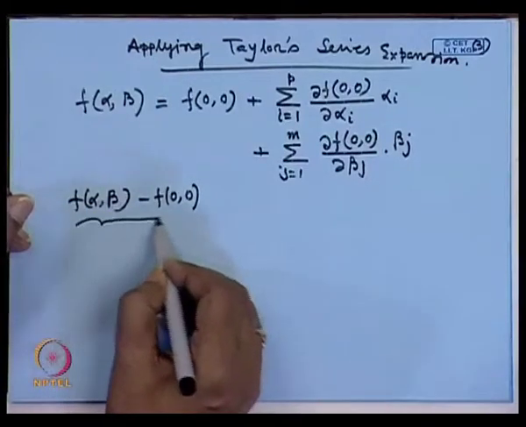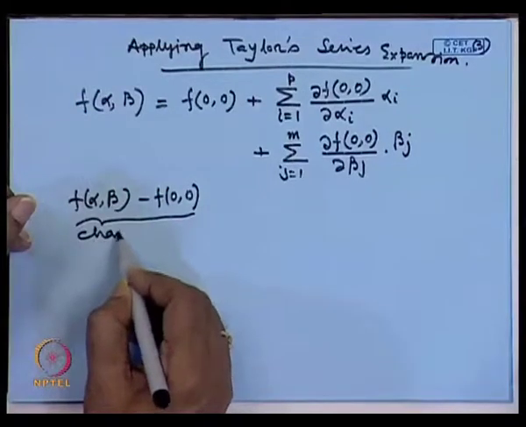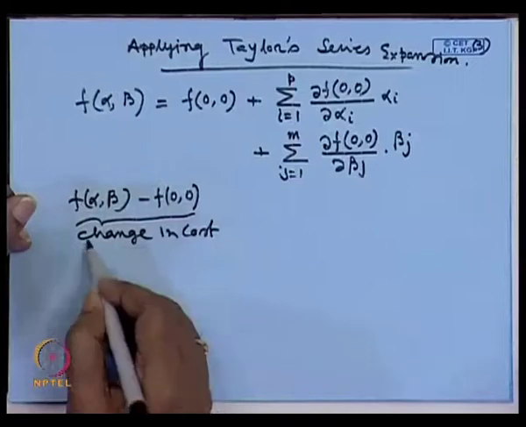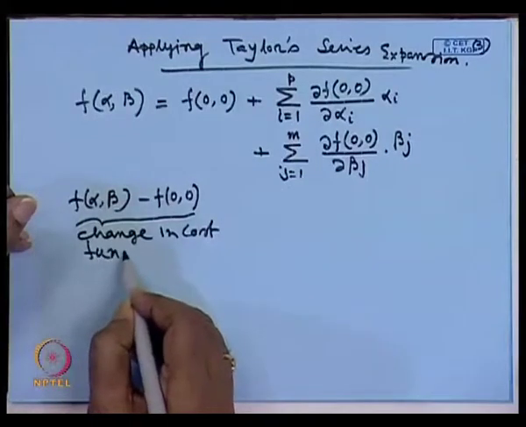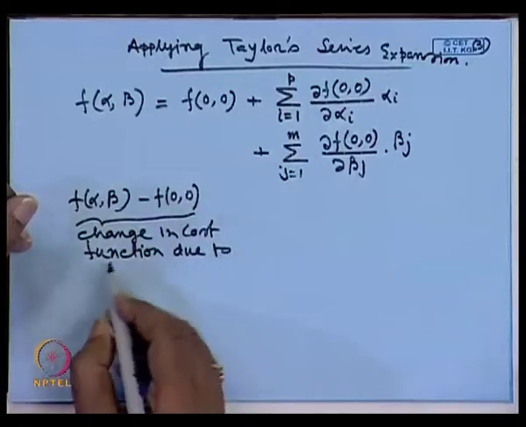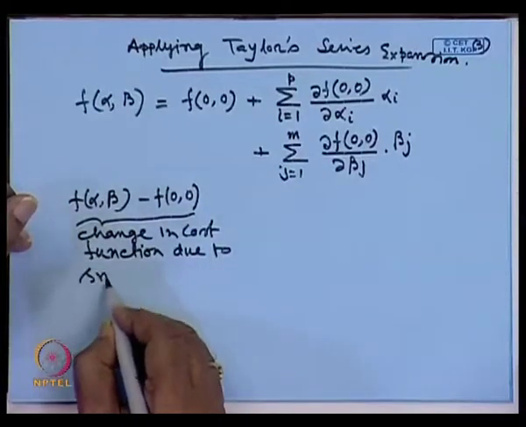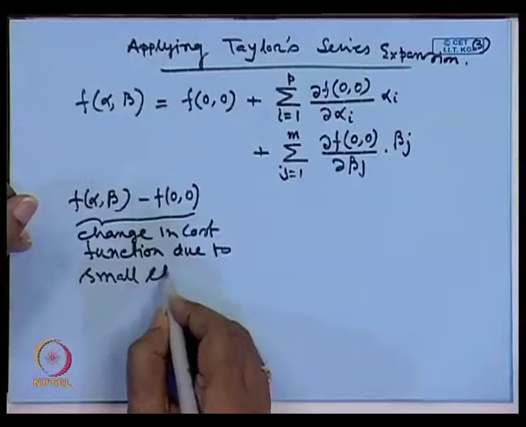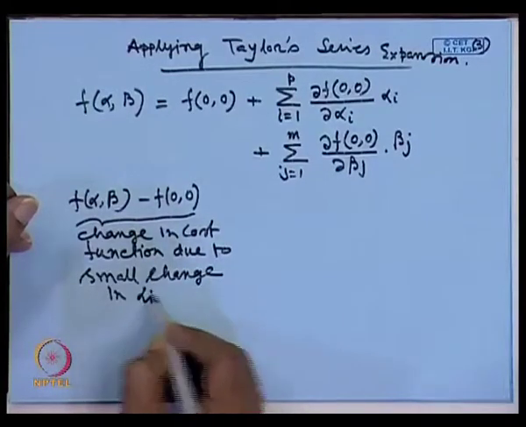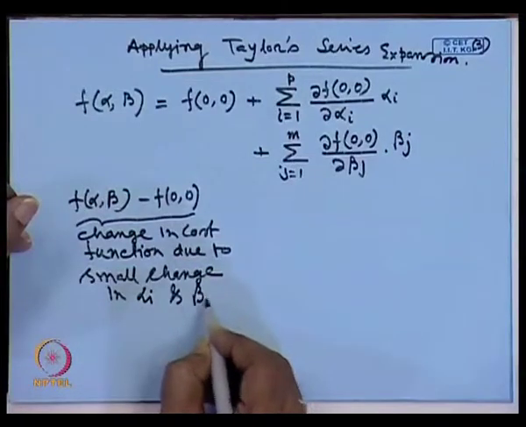So, this indicates the change in cost function due to small change in alpha i and beta j.